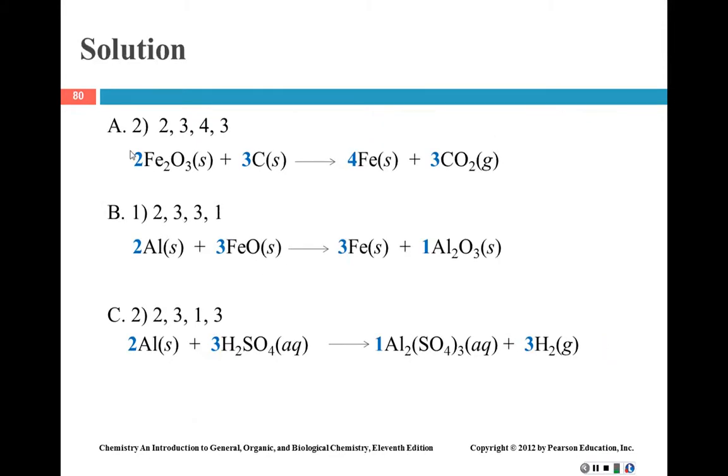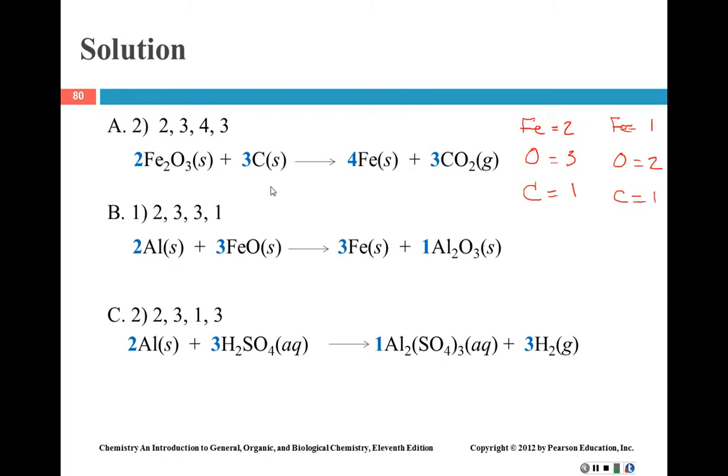So in that first one, we had one iron, we had 2 irons, and 1 iron, and we had 3 oxygens and 2 oxygens, and then carbon was 1 and carbon was 1.